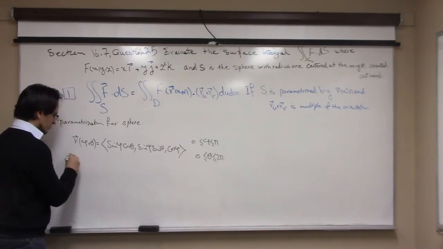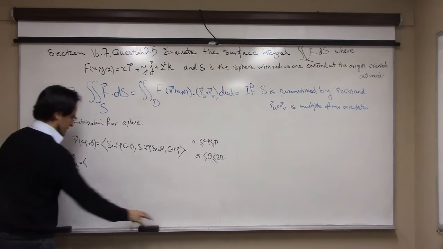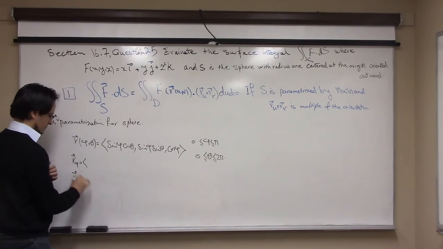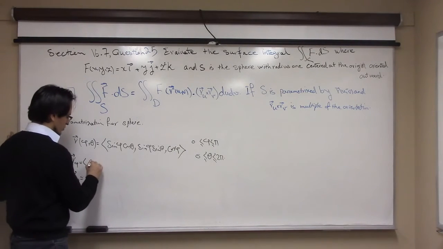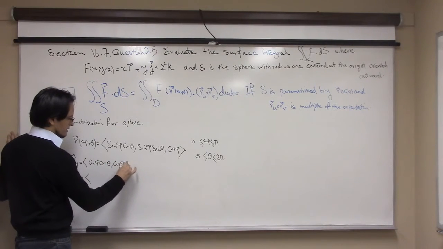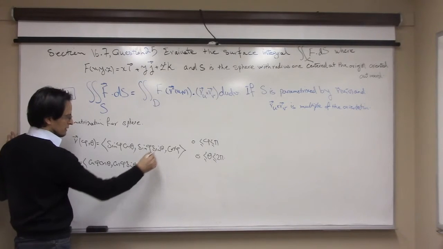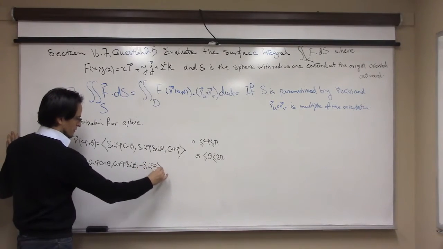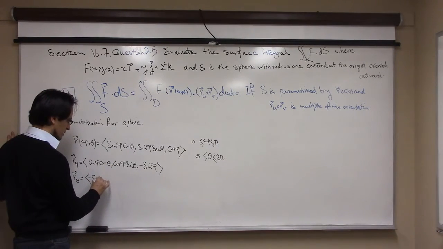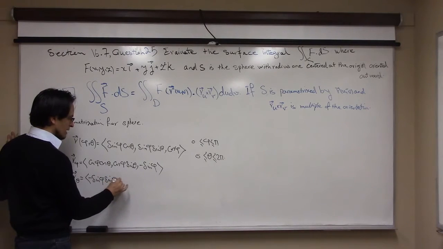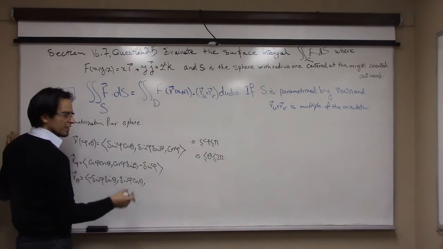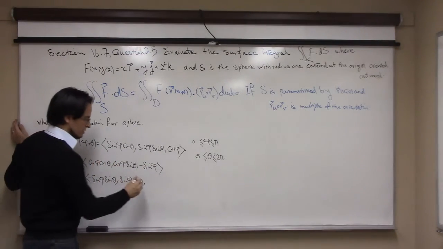So I have to find r_phi and r_theta. r_phi is cosine phi cosine theta, cosine phi sine theta, and negative sine phi. r_theta is minus sine phi sine theta, sine phi cosine theta, and the last component is independent of theta, so it gives us 0.